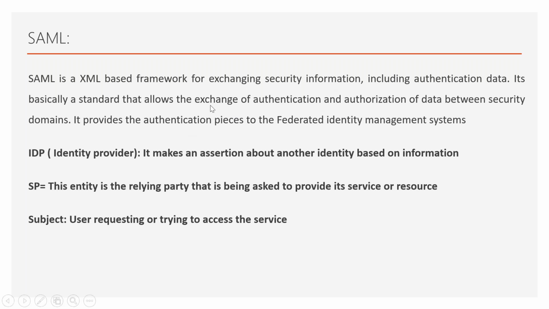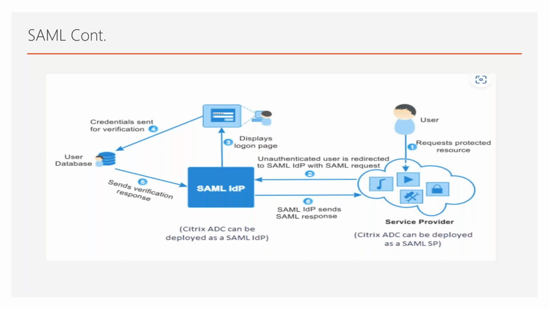But when we talk about authentication between two different websites of two different organizations, we normally use the SAML protocol, Security Assertion Markup Language, which is an XML based framework used to exchange information. So here XML is used to exchange the security information, whereas HTTP is used to view the information.